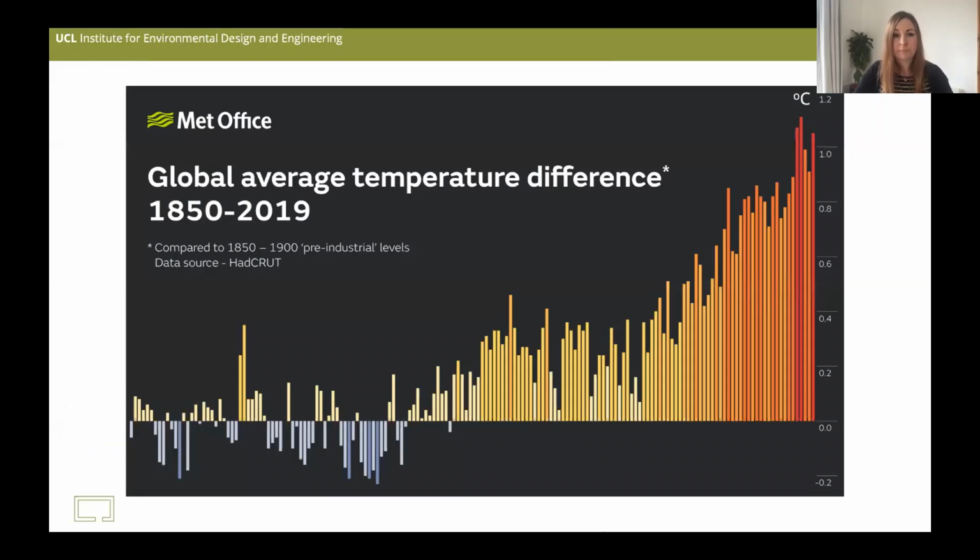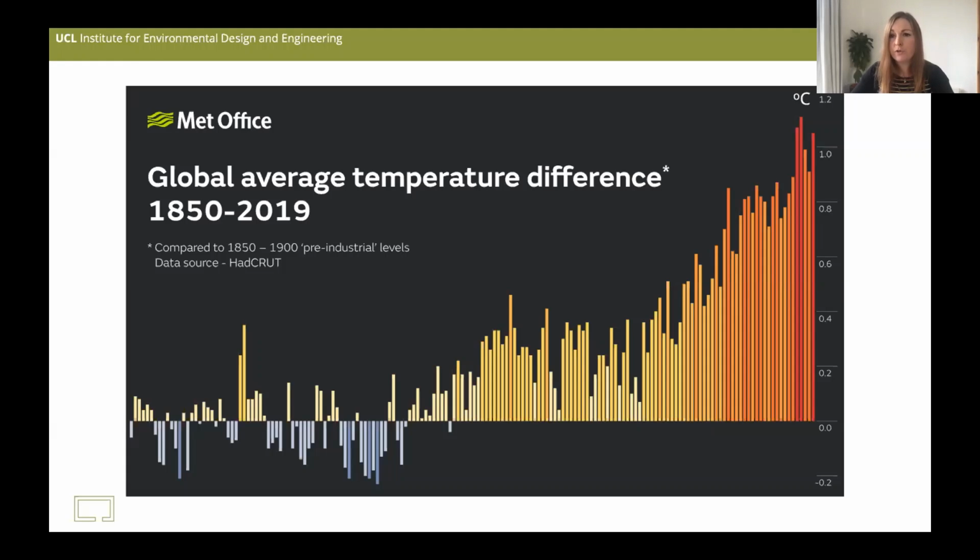If we start looking at temperature changes, since pre-industrial times, observations show that temperature has risen on a global average by about 1 degree, and that's down to our burning of fossil fuels.